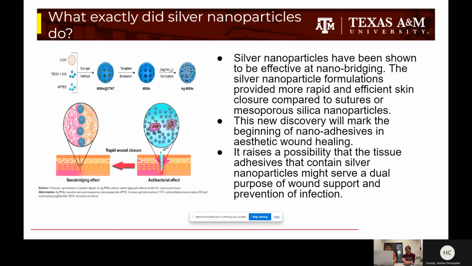It also raises the possibility that tissue adhesives that contain silver nanoparticles might serve a dual purpose of wound support and prevention of infection. The image to the left shows the silver nanoparticles inside of the wound, keeping bacteria and other viruses from reproducing. It also helps the skin cells bridge together and heal more efficiently.